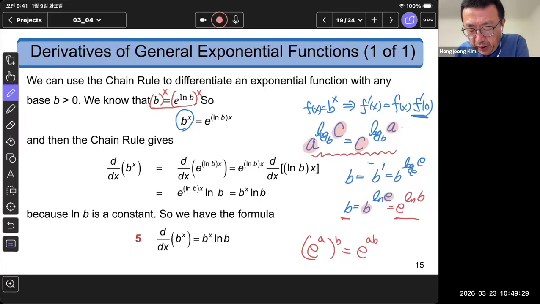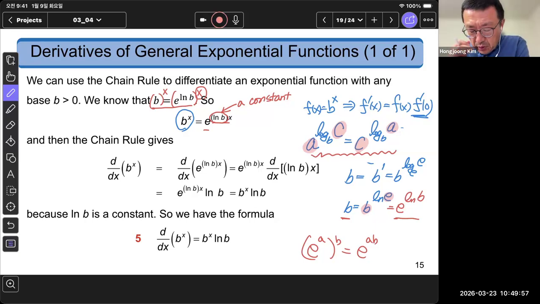So the x power of ln b will be e to the ln b times x. So please note that ln b is a constant. So I have an exponential function, but the exponent is not x, but a constant multiple of x.